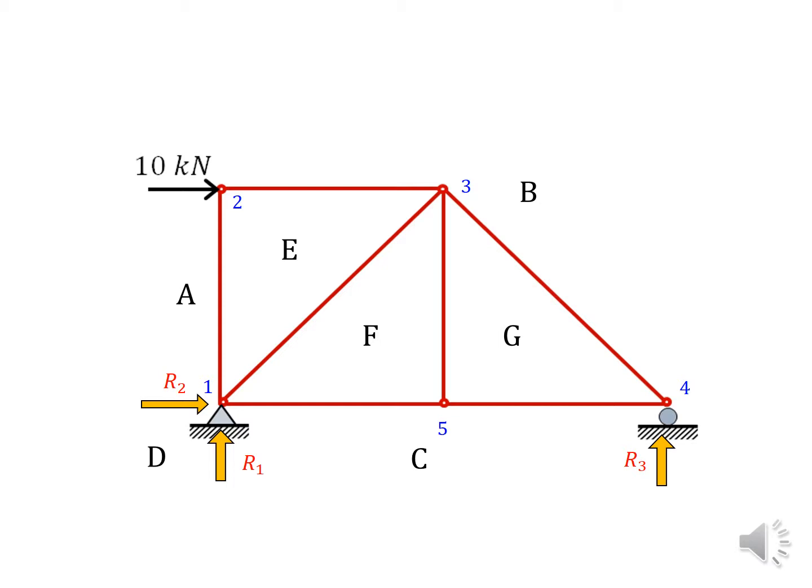Also, we should know how to identify forces with respect to the Bow's notation. So forces can be identified by the two labels on each side of it. For example, the external load 10 kilonewton we can mark as FAB.